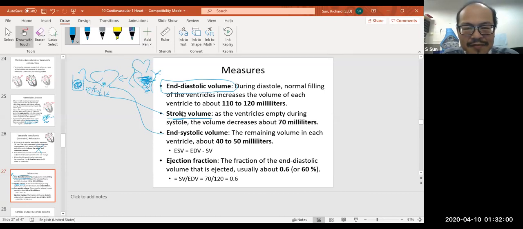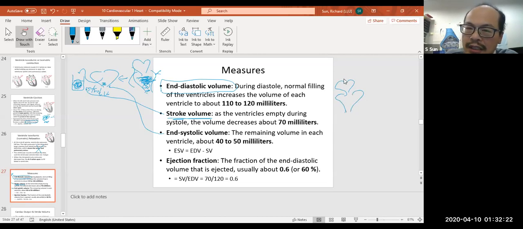Let me quickly summarize it. We learned that during each cardiac cycle we have this atrium and this ventricle.